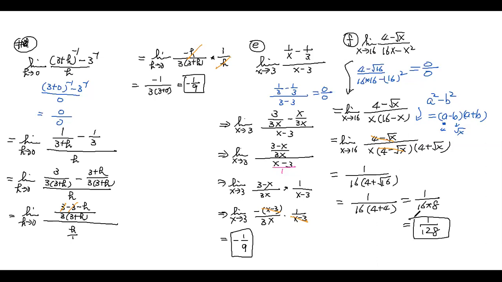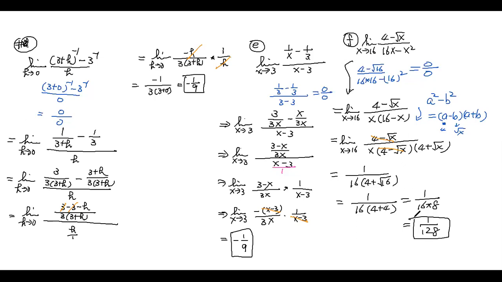Okay, that's all for this practice set. So basically, it tells you that if you get an indeterminate form, like 0 over 0, you always substitute first to see whether you can get a number. If not, then one of the techniques we introduced in this set is factoring.